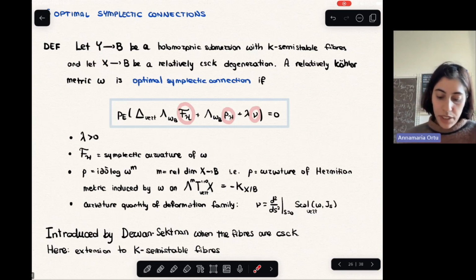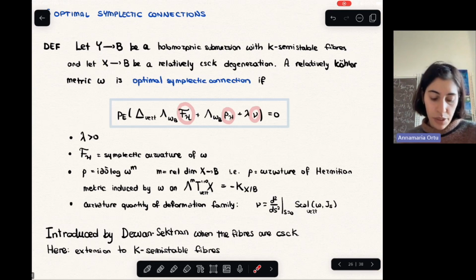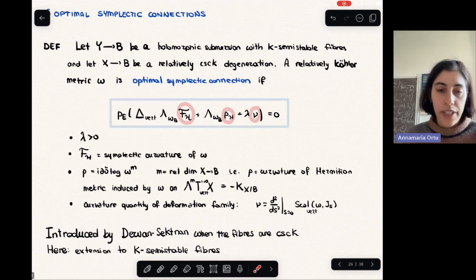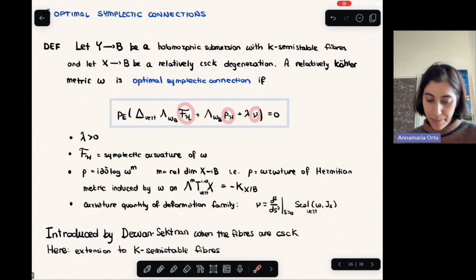So this equation was introduced by Dervan and Sektnan when the fibers already have a constant scalar curvature metric. So we are in a special case where X is equal to Y. And here, this is an extension of this equation to when the fibers of Y are K-semi-stable.